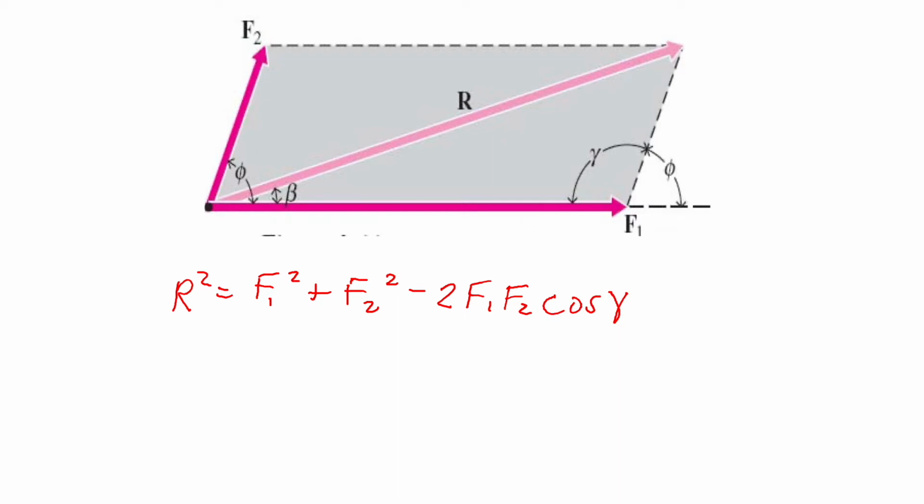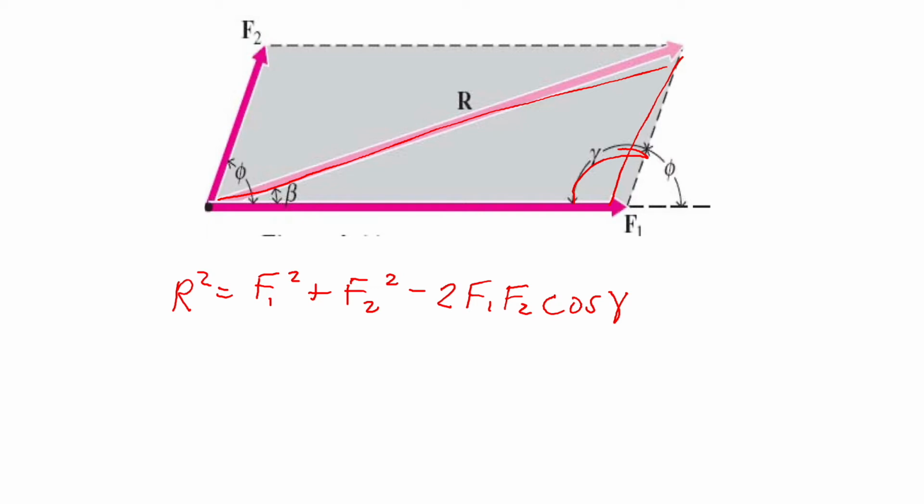Notice that gamma here is the angle opposite the resultant vector R.